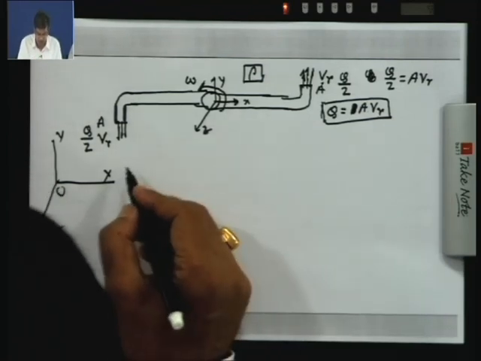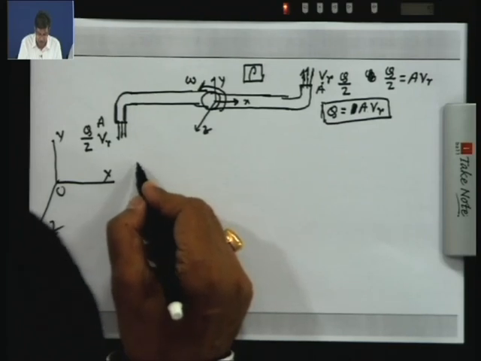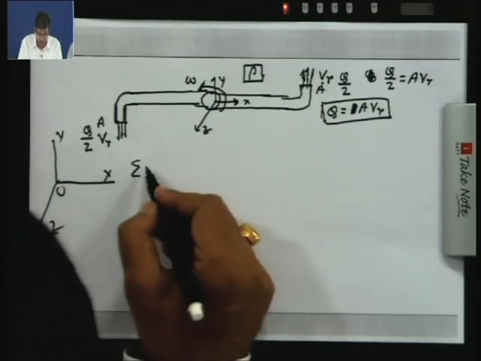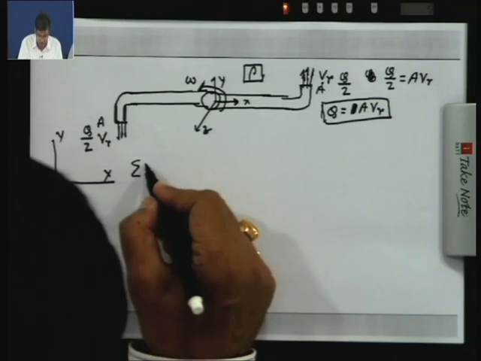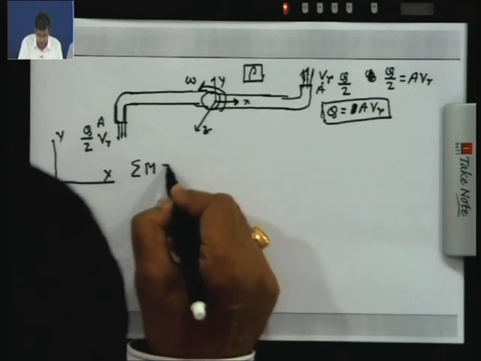So, what is this equation? You tell me that now we can write with respect to the static frame of reference, sigma M is what?